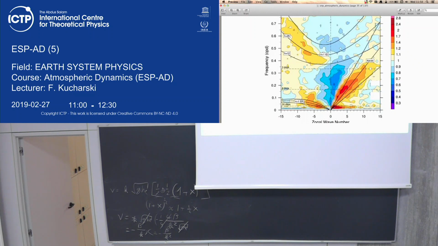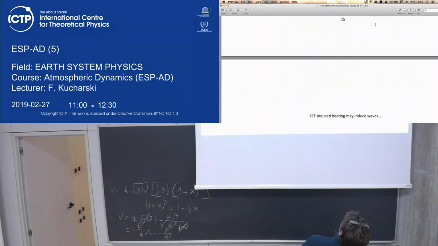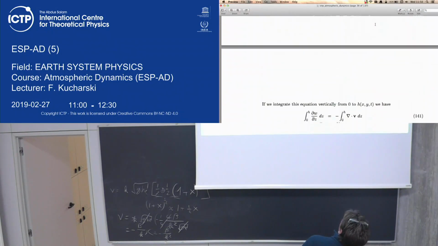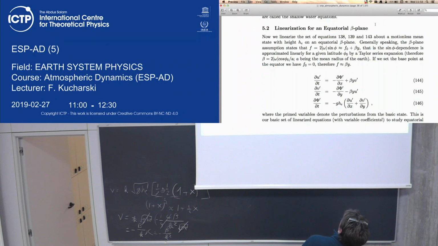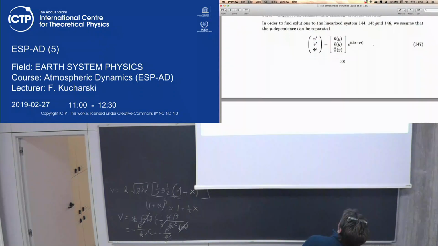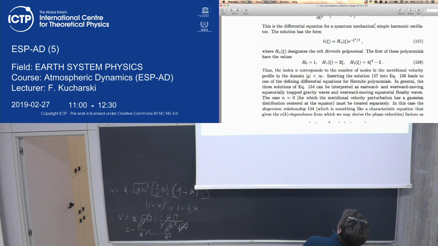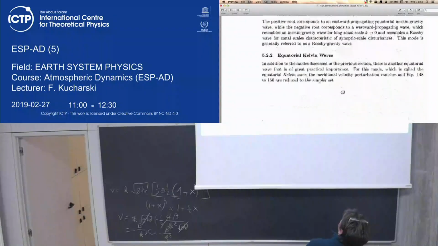We don't find any equivalent thing here. On that side we find this, if we interpret well, the equatorial Rossby gravity waves. It's good to get used to this if you look at equatorial wave propagation. Kelvin waves always moving in that direction, Rossby waves always in the western direction.